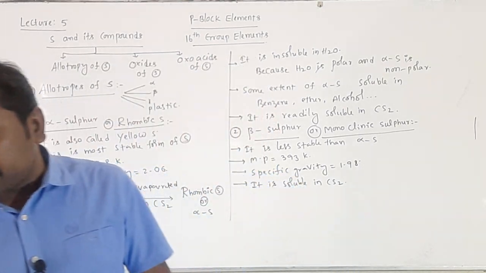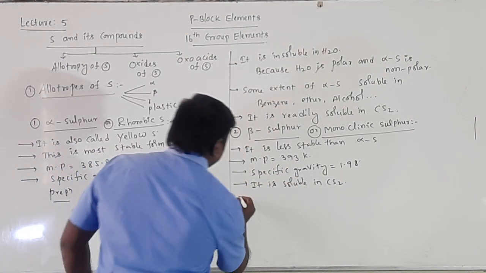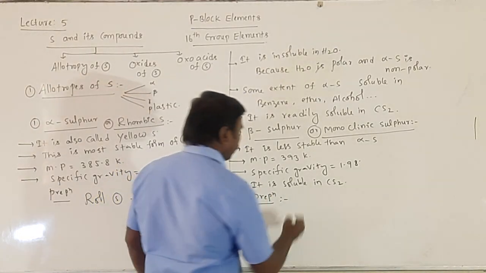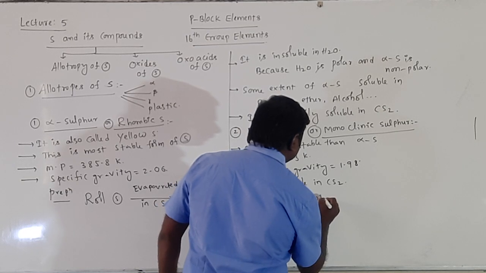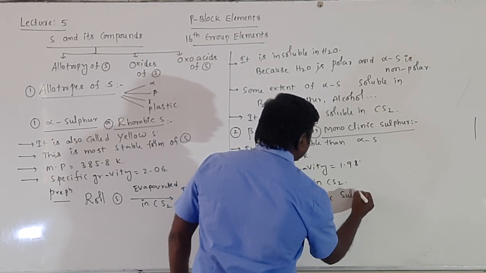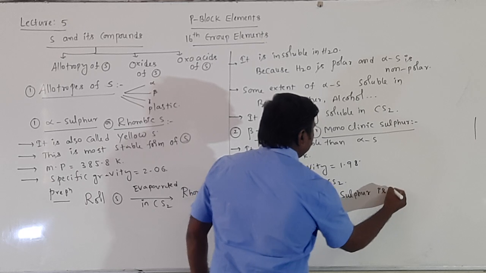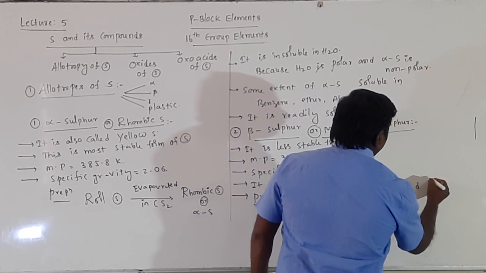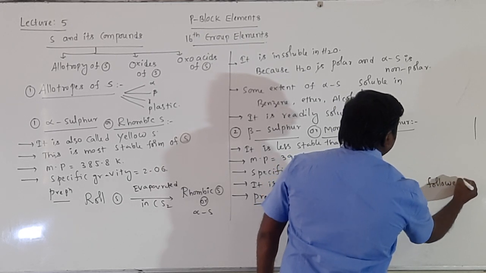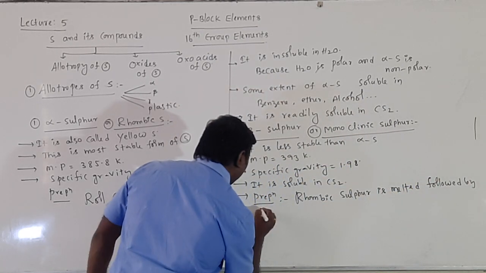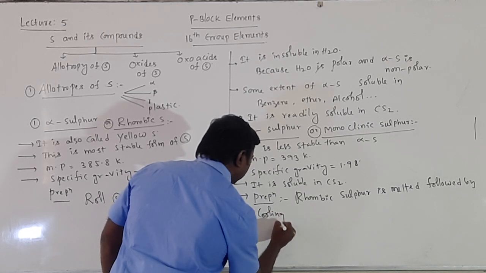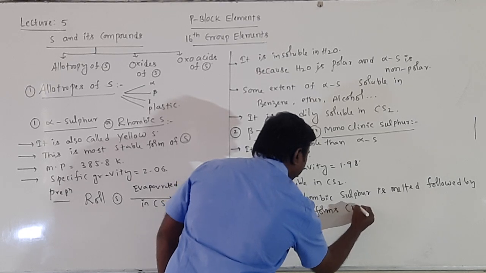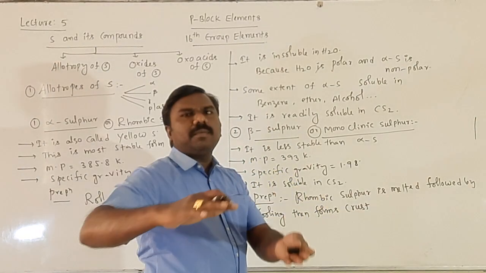Preparation of beta sulfur: rhombic sulfur is melted, it means heating, followed by cooling, then forms a crust. Crust means a layer will be formed.